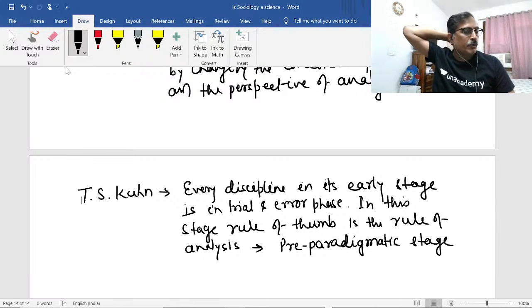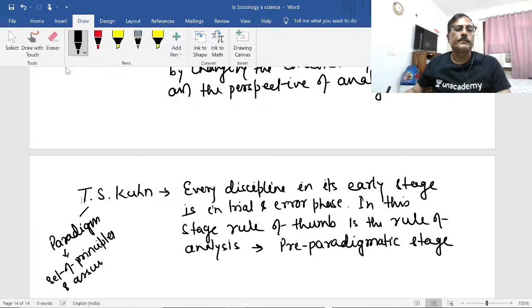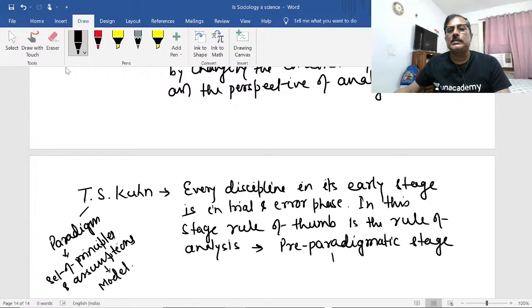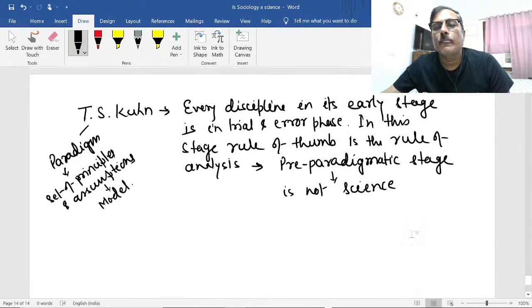Pre-paradigmatic stage. So he is coining a term called paradigm. Paradigm means set of principles and assumptions, right? We can think about the model, right? When you do not have any fixed principle of analysis, rather you are using trial and error, that stage is not science, right?